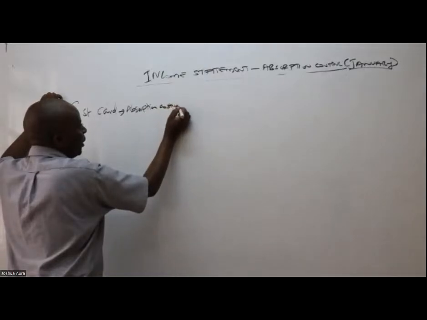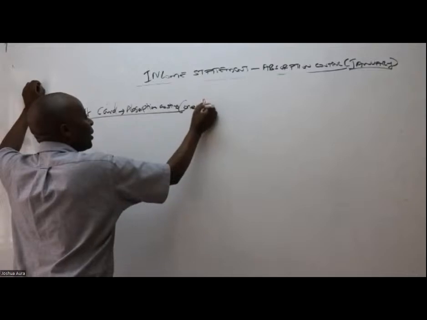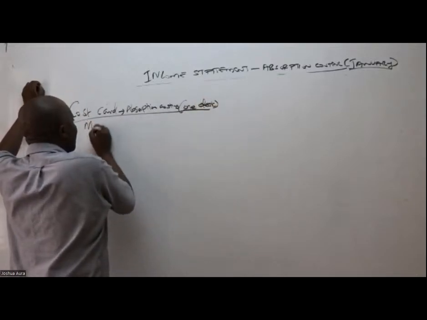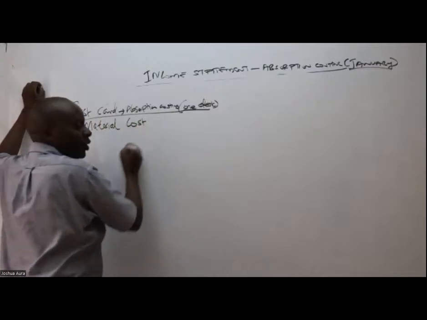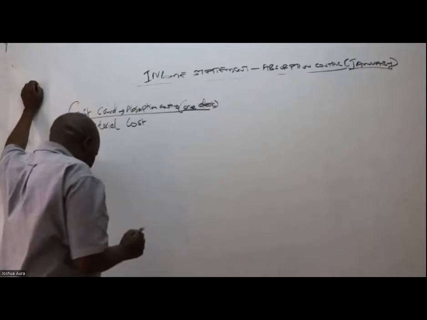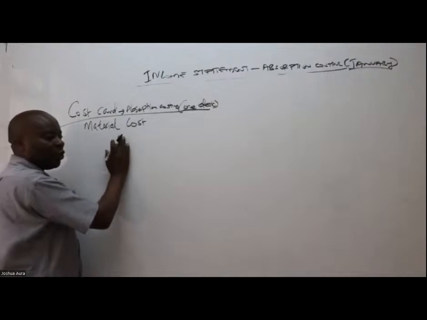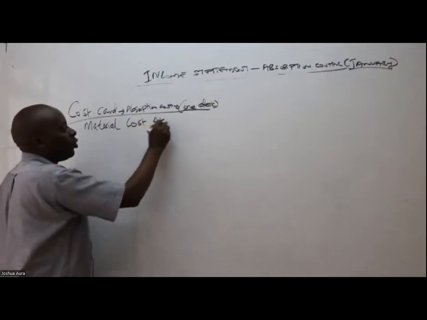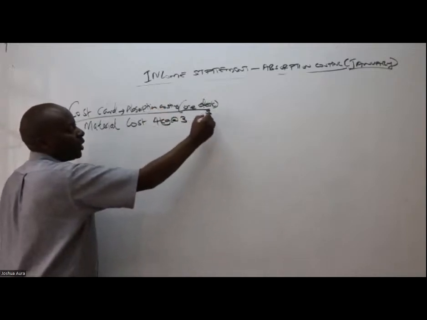To produce one desk, remember this is for one desk, we have our material cost. Of course, this will be the wood. The wood which we need, they have told us, is 4 kilograms, each going for 3, which gives us how much here, somebody?